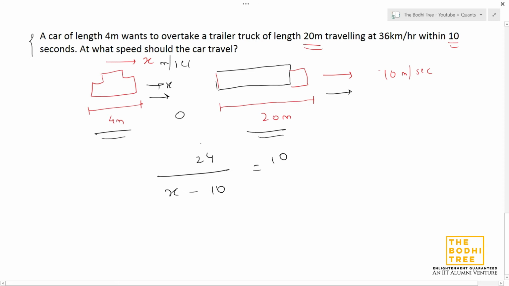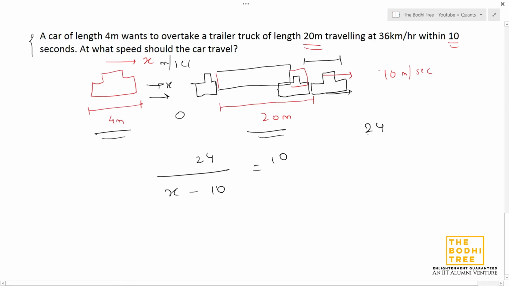Now it doesn't look that difficult. If the car starts from here, when it reaches the other end it would have traveled 20 meters, but to actually say that it has overtaken the truck, it has to travel this 4 meter distance as well.